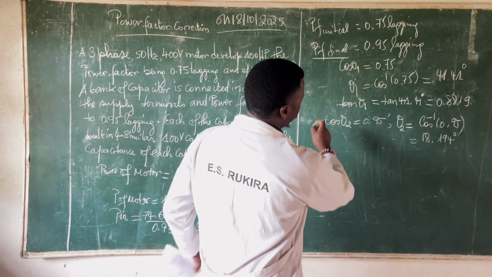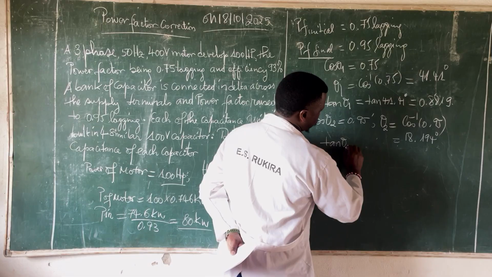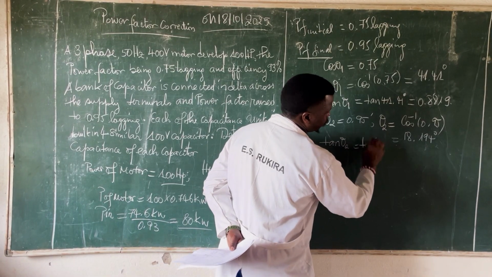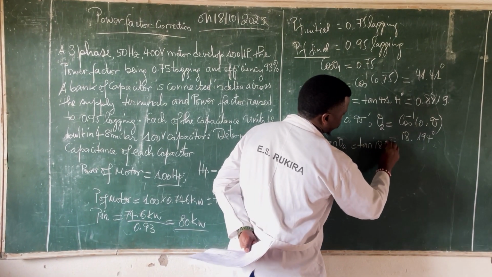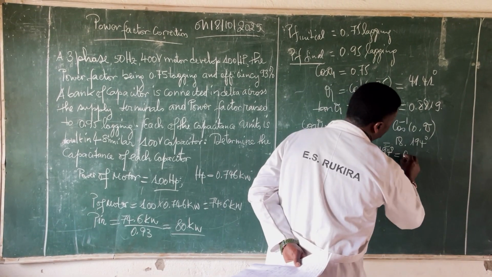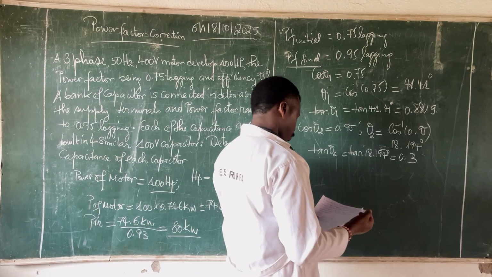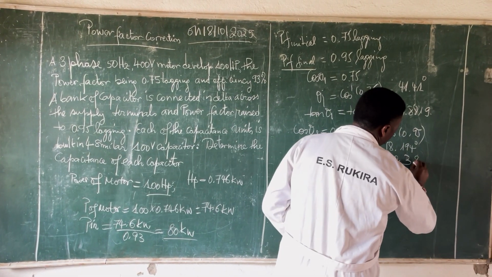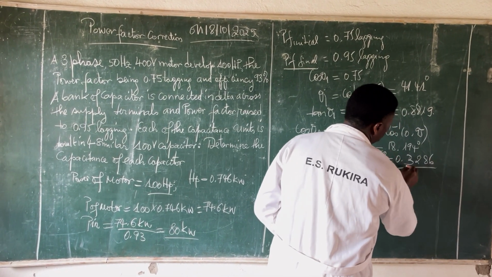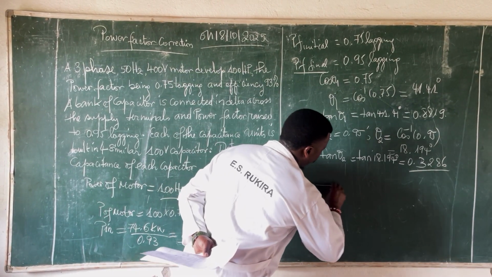Let's continue and find tan theta 2, which is the tan of 18.194 degrees, which will be 0.3286.